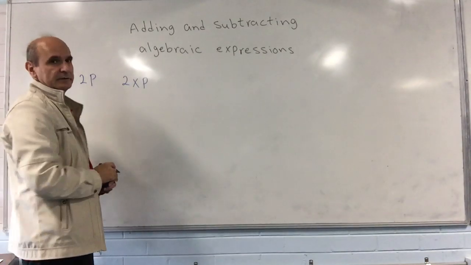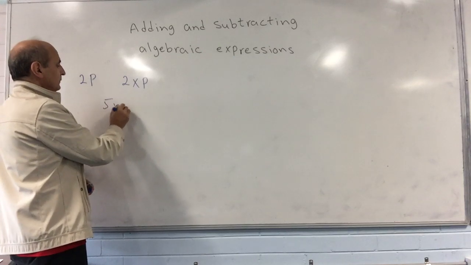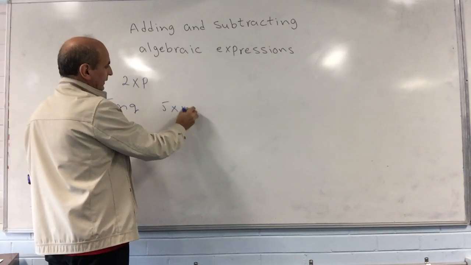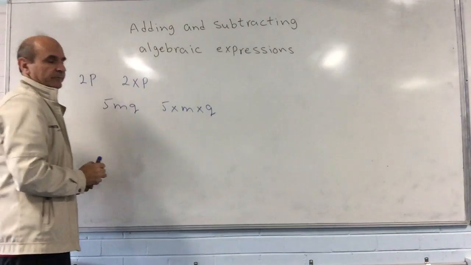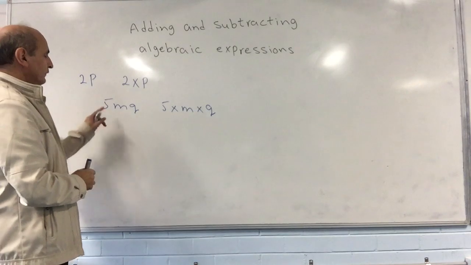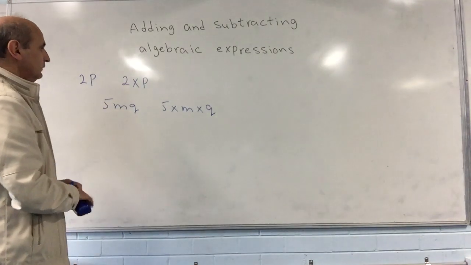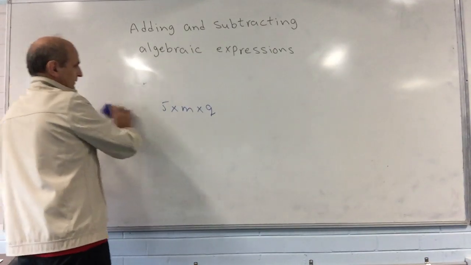So 2p means 2 times p, or 5m cubed means 5 times m times m times m. All that we have done is drop the multiplication sign when writing an algebraic expression.